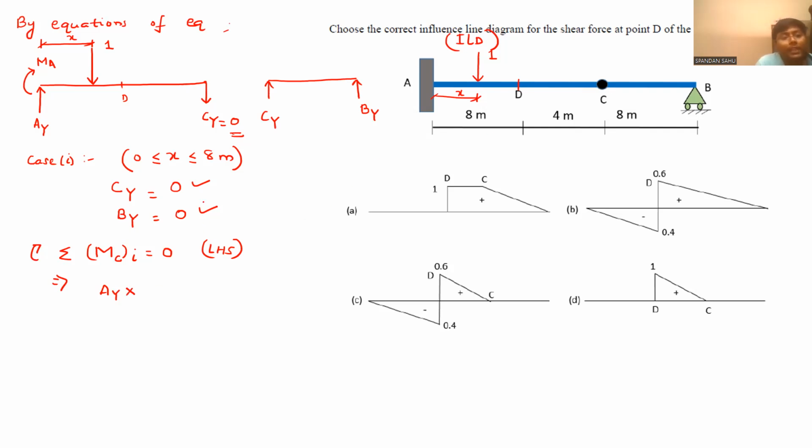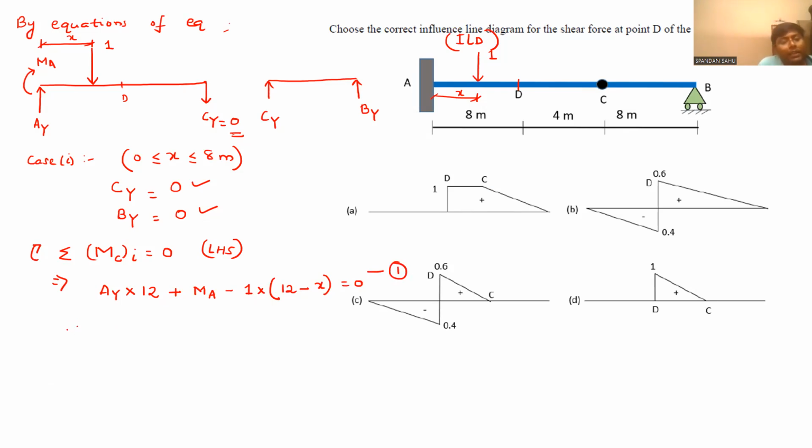AY into this length, which is 12 meter, so into 12, plus MA minus 1 into 12 minus x equal to 0. Now, this is equation 1.